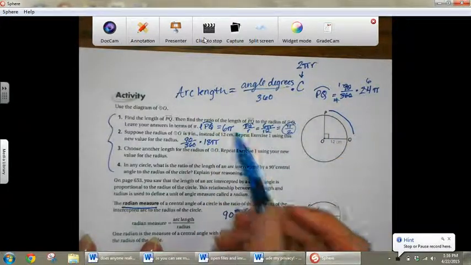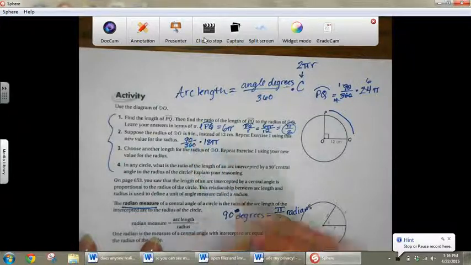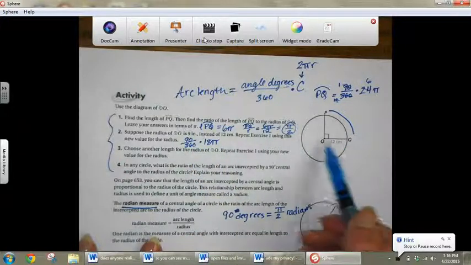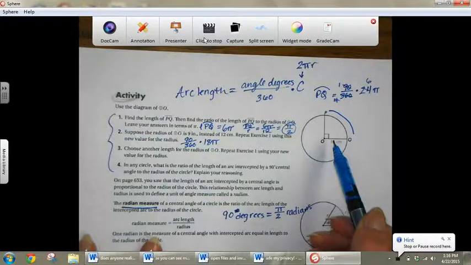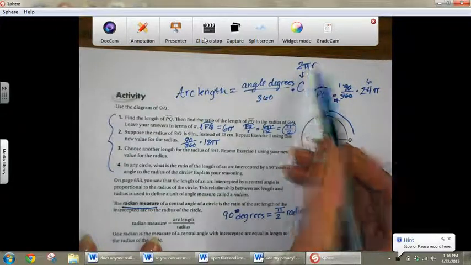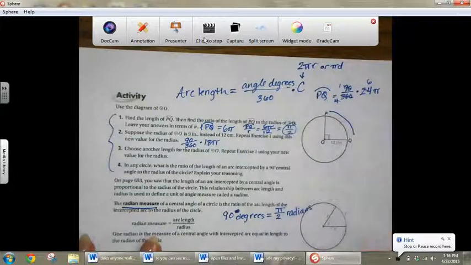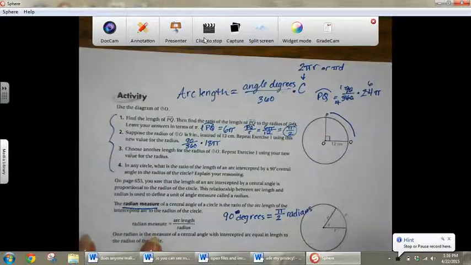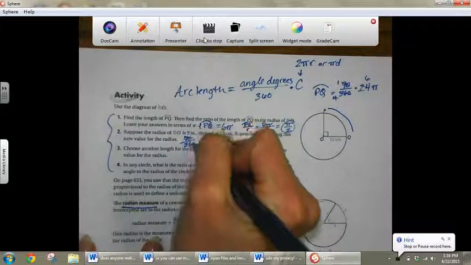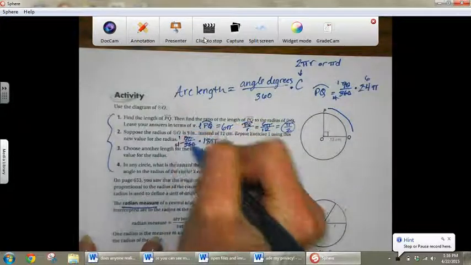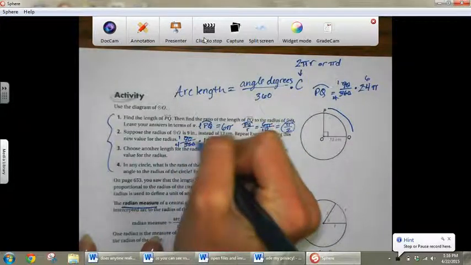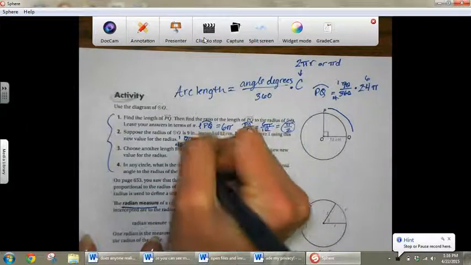Because remember, the radius is 9, so that's halfway across, so the diameter would be 18. So 2 times the radius times pi, or pi times the diameter, depending on how you want to think about it. Okay, so 90 over 360 is 1/4, and then 18 over 4 will reduce to 9 over 2.